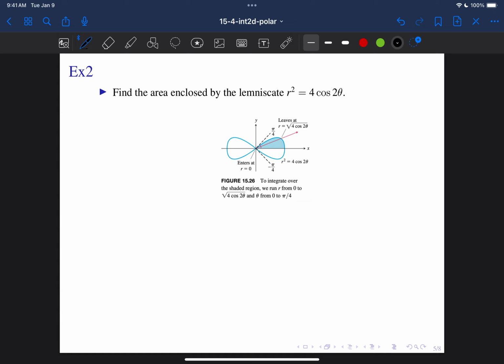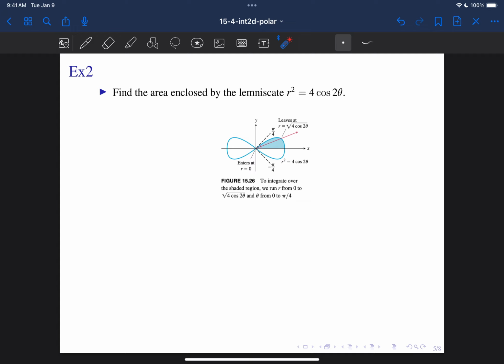The first example is finding the area of this butterfly shape, a lemniscate. The equation of this curve is r squared equals 4 cosine 2 theta. Because of the symmetry of this butterfly, we only need to compute one part in the first quadrant, the shaded part, and then multiply by 4 to get the total area.